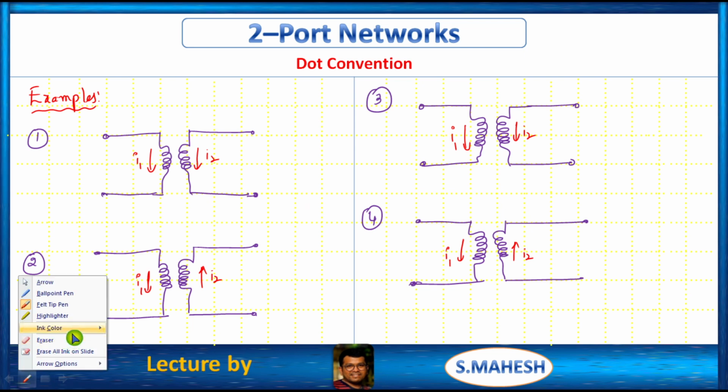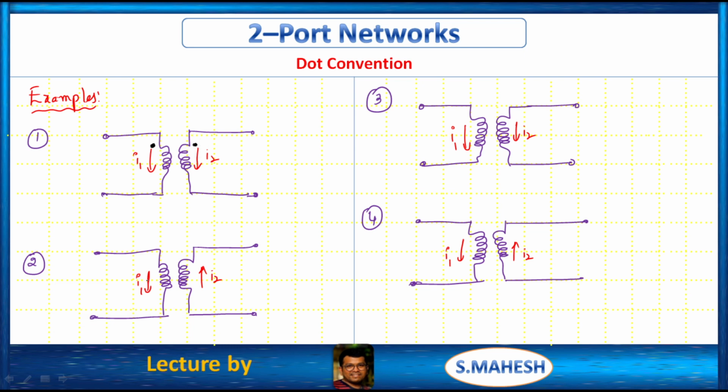Then what about the dot convention? Now here I am providing the dot convention at this position in case 1, like that. For example 2, the dot is here from coil 1, here from coil 2. From this coil 3, same.